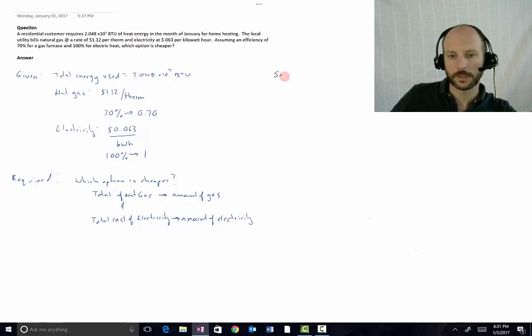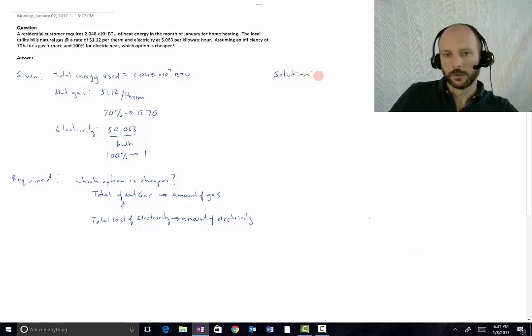So we need to go ahead and calculate the things that we asked for in the required statement. So the solution is going to be involving the 2.048 times 10 to the 7th BTU and the efficiency.